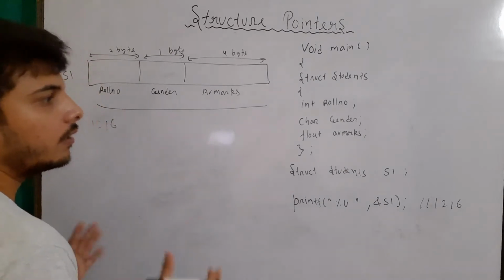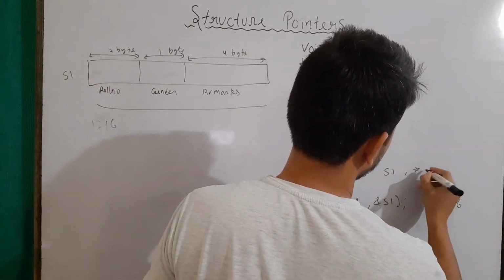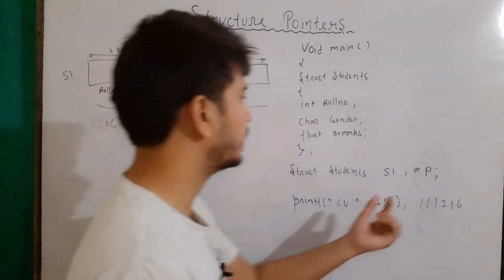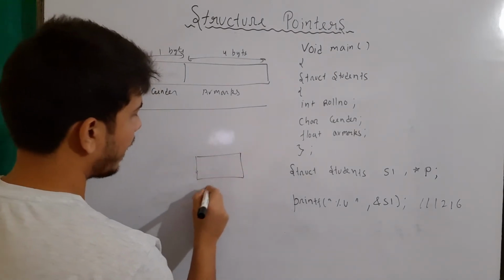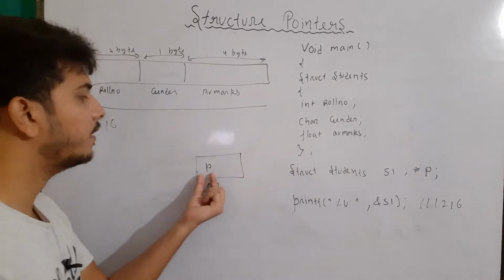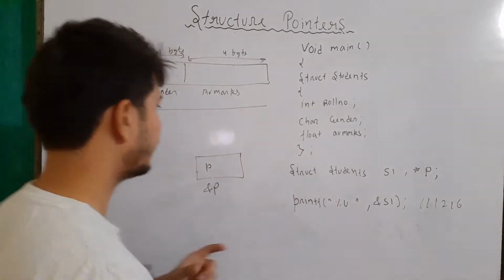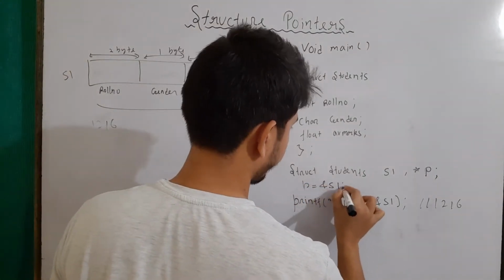Now in structure pointers, we use a pointer structure variable, let's say *p. This structure pointer variable p will have some address of its own, and it will be able to hold the address of a structure variable. So I can write p = &S1.